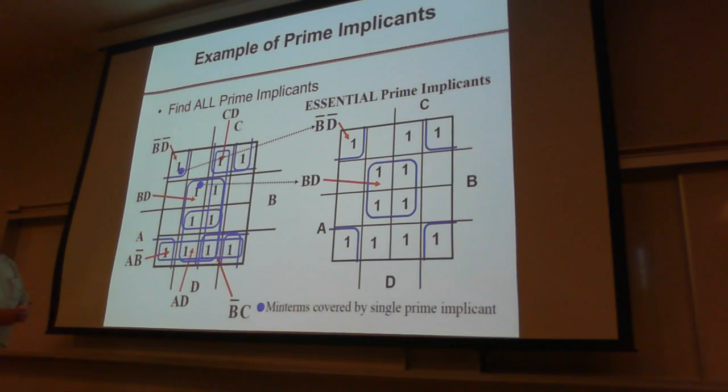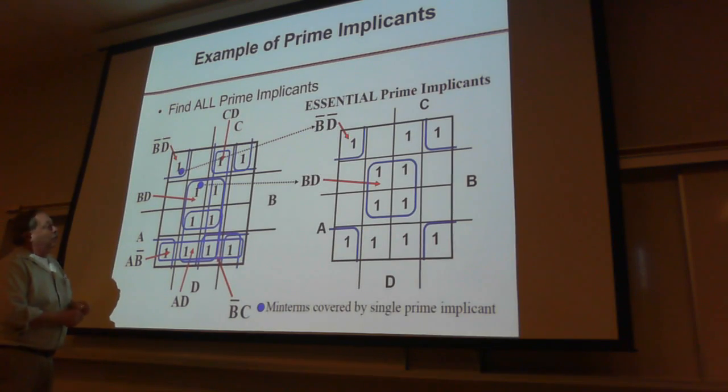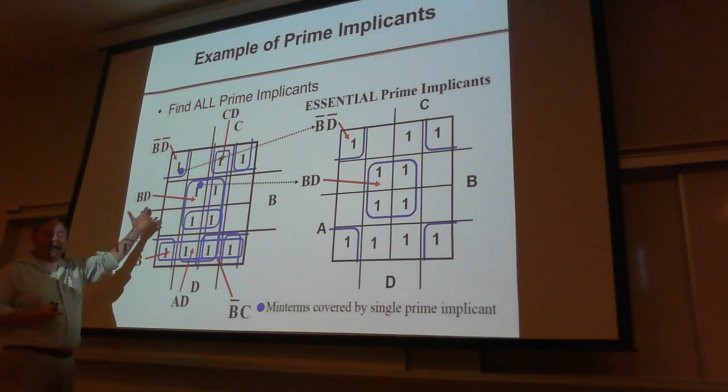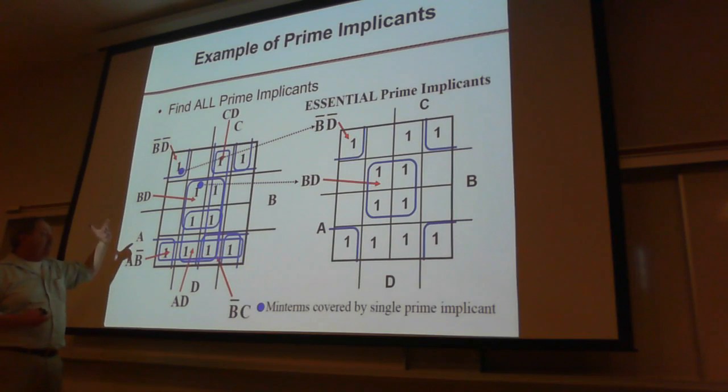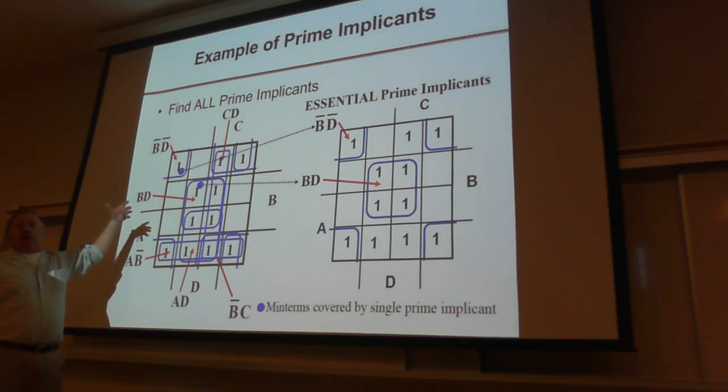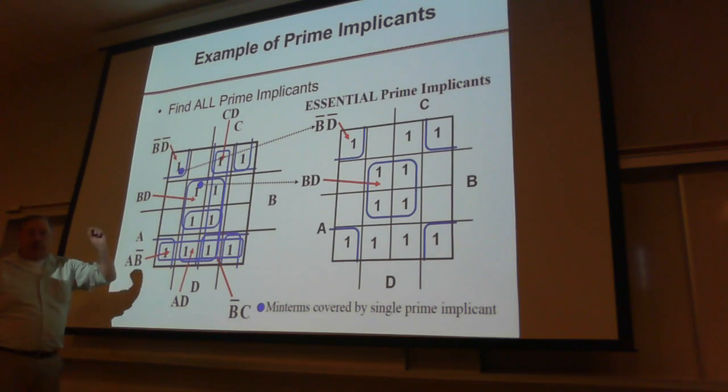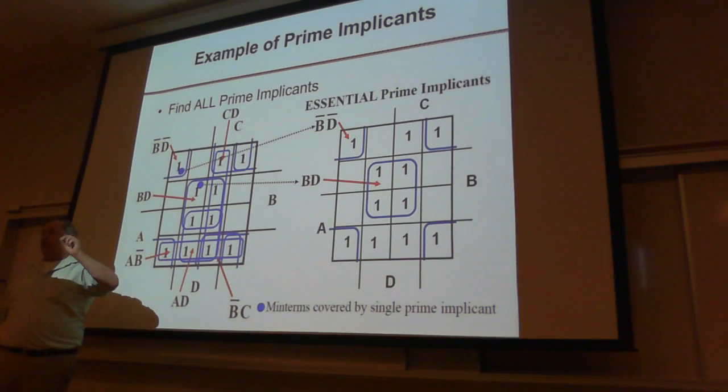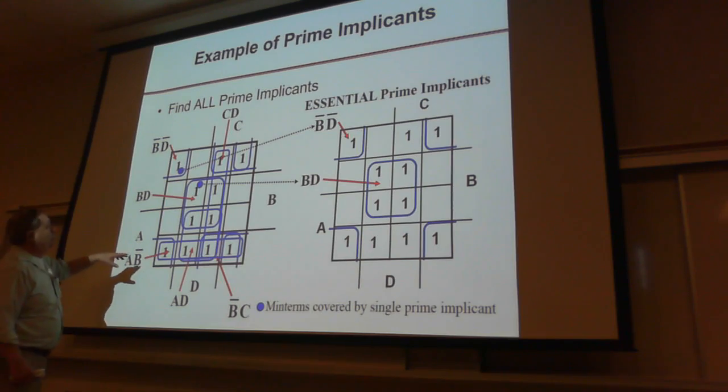Okay, so when we're looking at this one here, what we're first asking ourselves is, what are the prime implicants? All of them. And we're thinking adjacent pairs, right? Adjacent pairs is important.